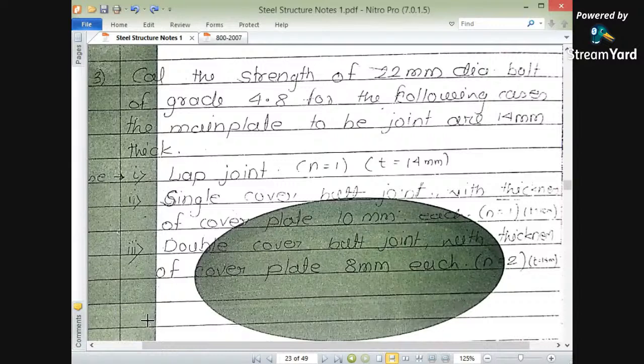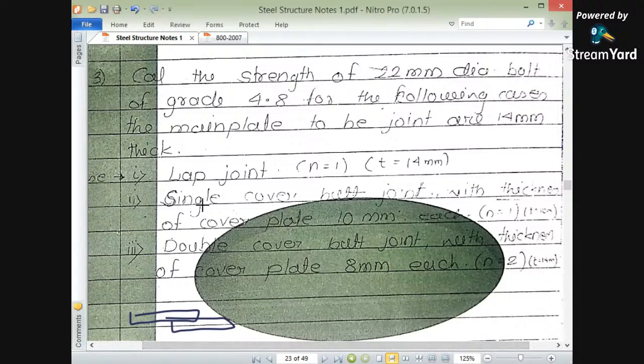What is a lap joint? One plate is there, another plate is there, and they have been joined with the help of a bolt. This is a lap joint. The first case is a lap joint.